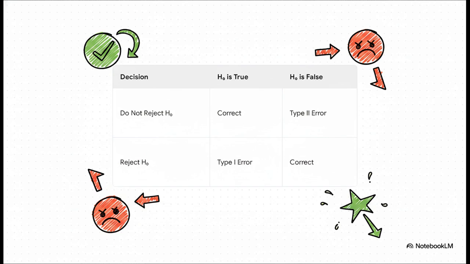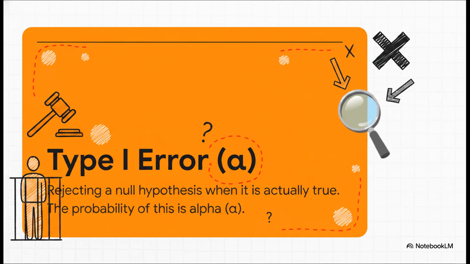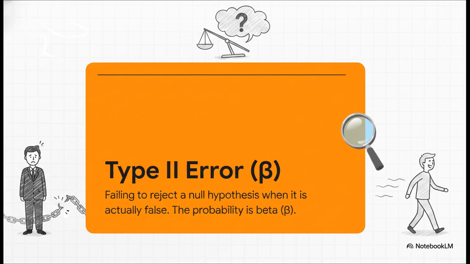But those other 2 boxes, that's where we get into trouble. Those are what we call statistical errors. So, a type 1 error. This happens when we reject a null hypothesis that was actually true. To go back to our analogy, this is a really big deal. It's like convicting an innocent person. Our evidence seemed strong enough to reject the status quo, but we got it wrong. And then you have a type 2 error, which is the exact opposite problem.